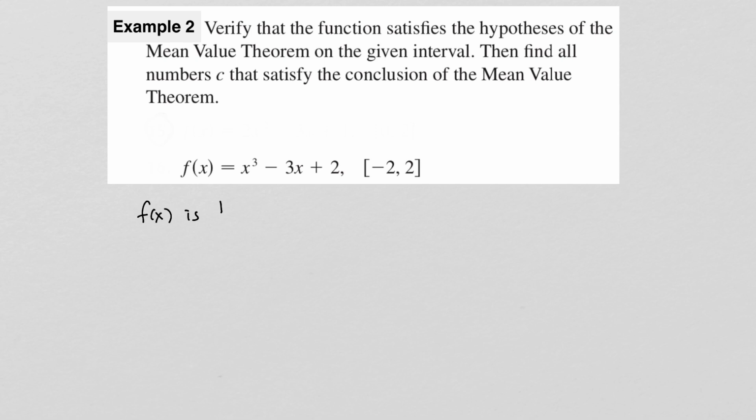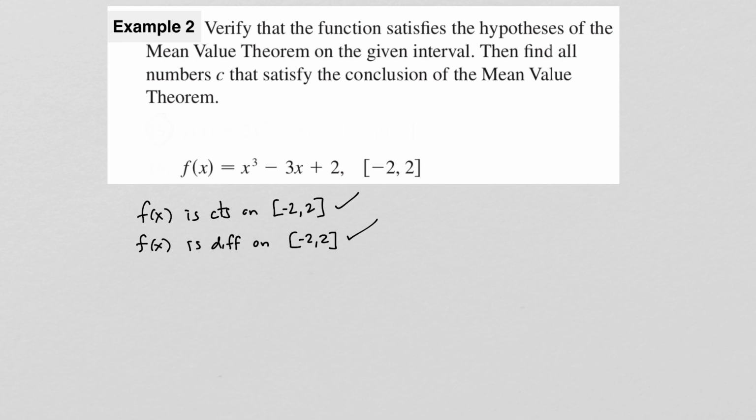F of x is continuous on the interval from -2 to 2. Yes, that's true because f of x is a polynomial, and polynomials are continuous everywhere. And f of x is differentiable on the same interval. Yes, this is also true because polynomials are differentiable everywhere.